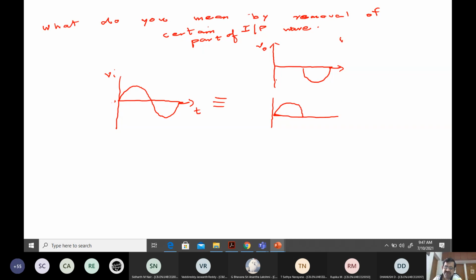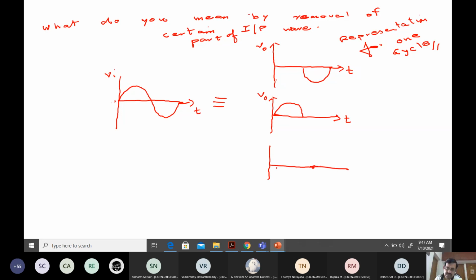Okay, representation is only for one cycle, so keep that aspect in mind. So this is also possible. The x-axis is always time.